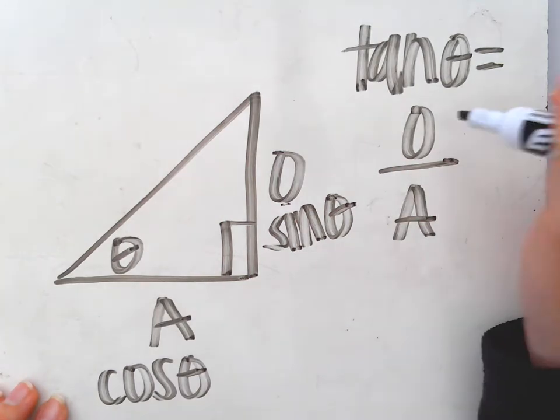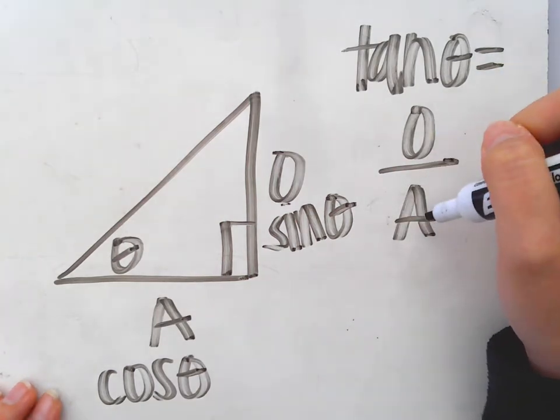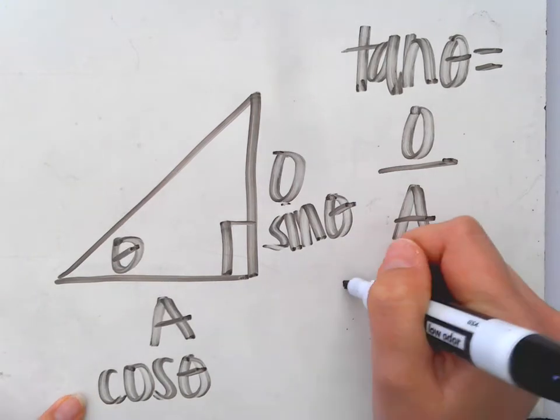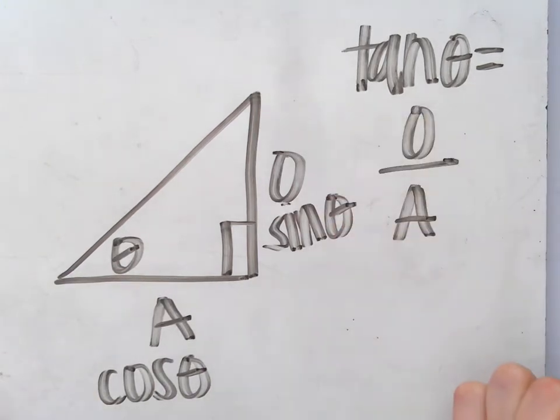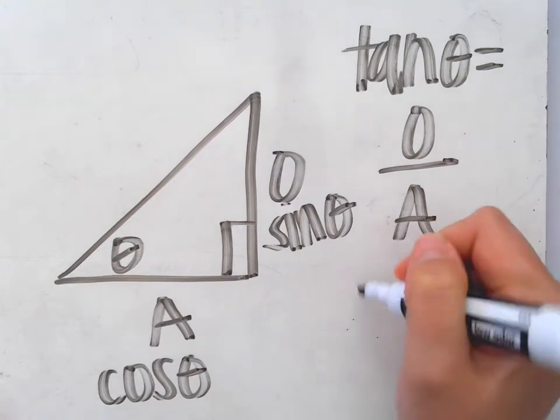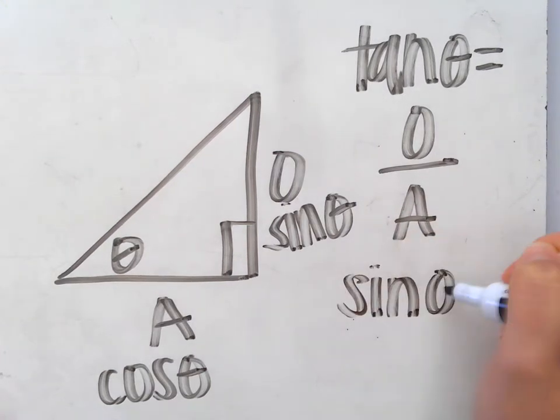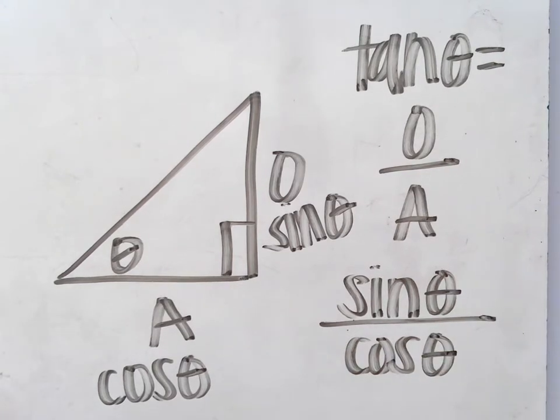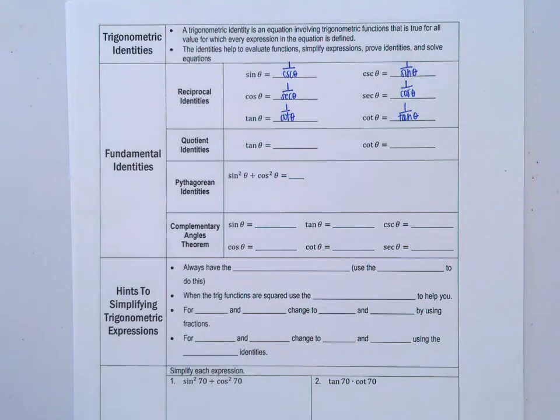So if tangent is opposite over adjacent, and adjacent relates to cosine, and sine relates to the opposite, then tangent is going to be the same as sine theta over cosine theta. And so that's actually the quotient identity.